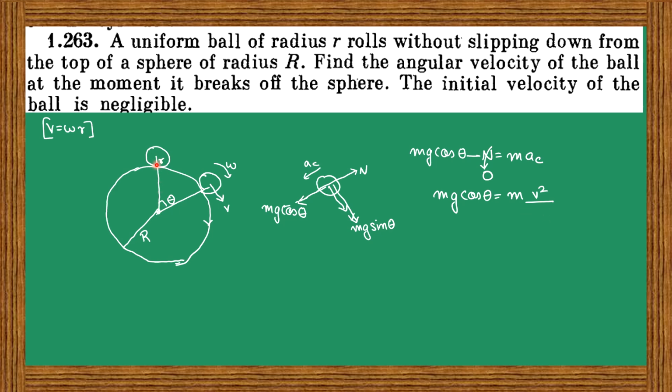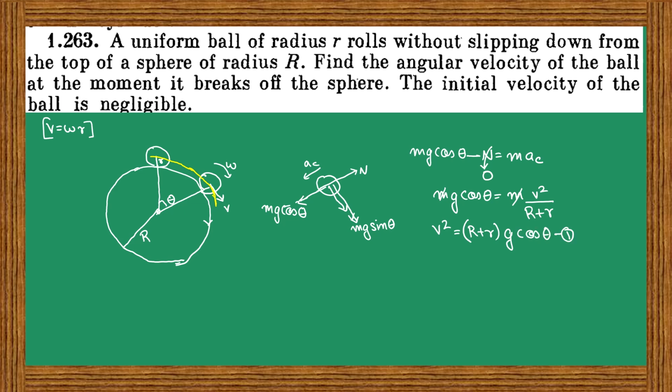It is capital R plus small r, because I'm studying the motion in the circle that passes through the center of mass of the cylinder. So mg cos theta equals m v squared over (R plus r). Cancelling m, I get v squared equals (R plus r) g cos theta. So this is my equation one.